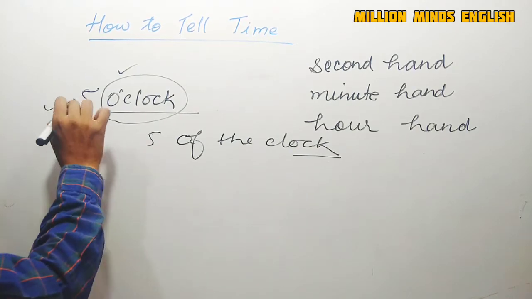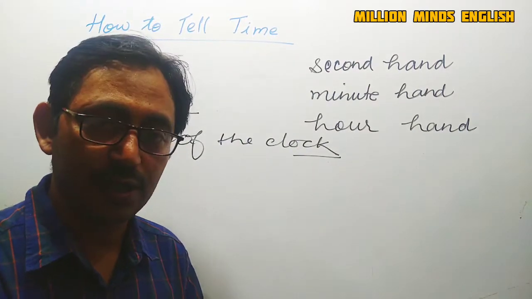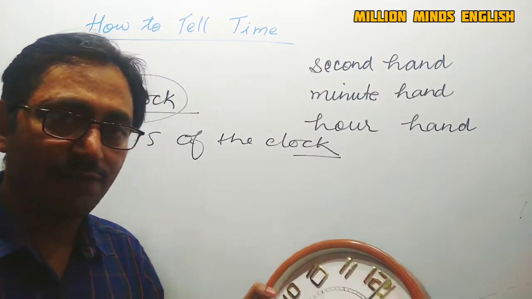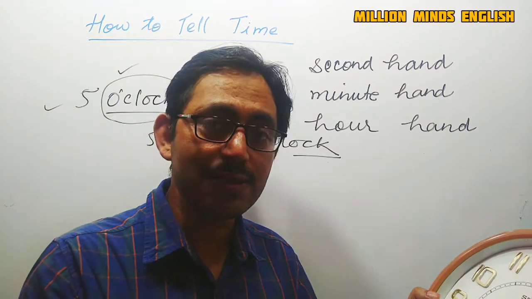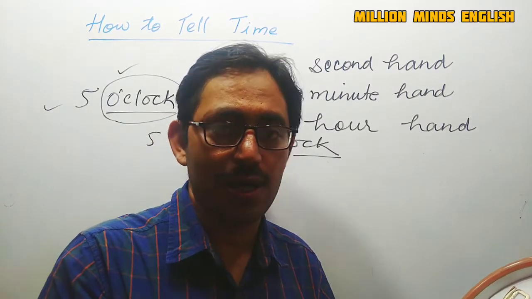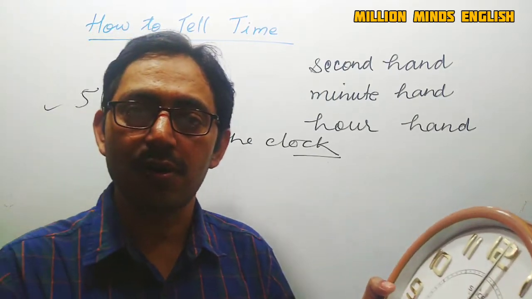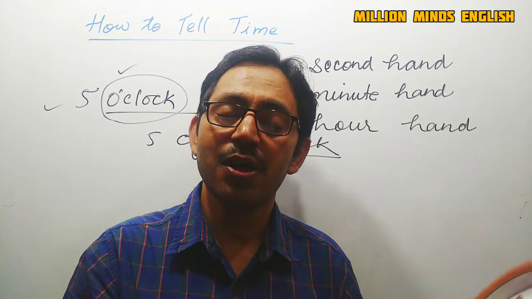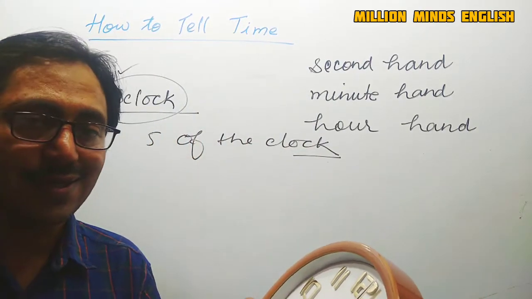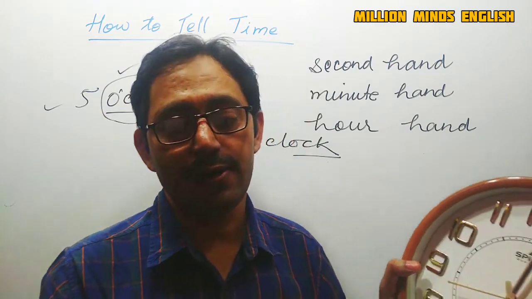That's the full form of 5 o'clock. Clear? Means simply we can say when it is a complete hour, means 5 o'clock, 4 o'clock, 6 o'clock, 3 o'clock, 1 o'clock, 12 o'clock. When we say these things, when a clock indicates a complete hour.